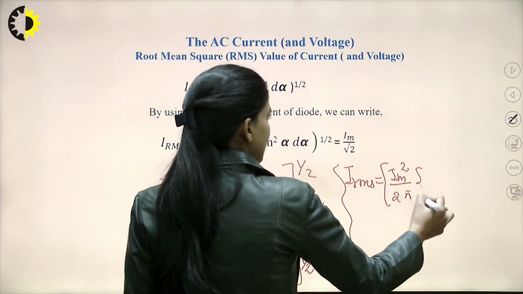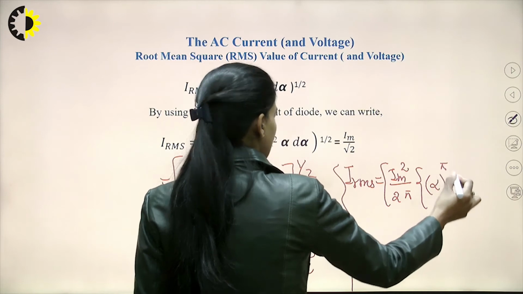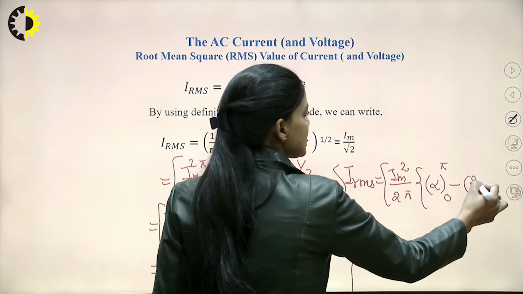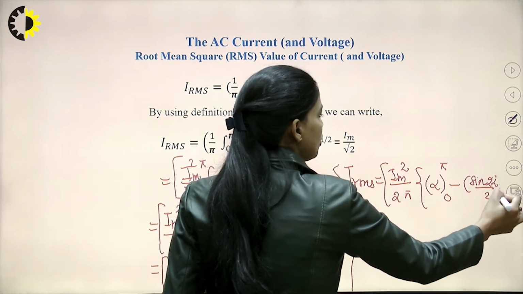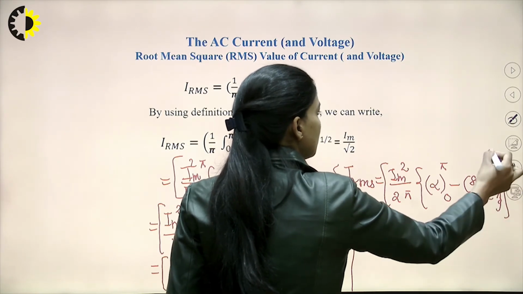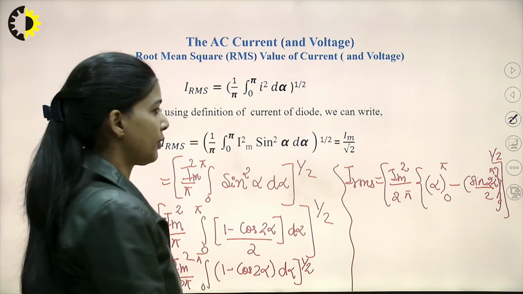So, we can write it as alpha with limits 0 to pi, and integration of cos 2 alpha will give us sin 2 alpha by 2 with limits 0 to pi, and the whole will be raised to the power 1 by 2, that is the root mean square value of current.